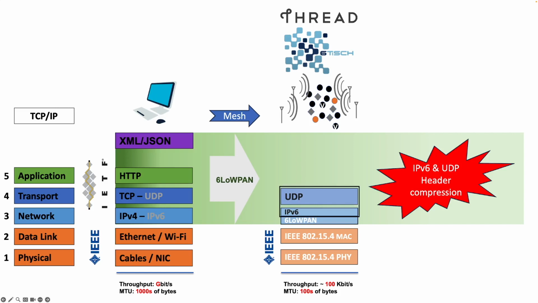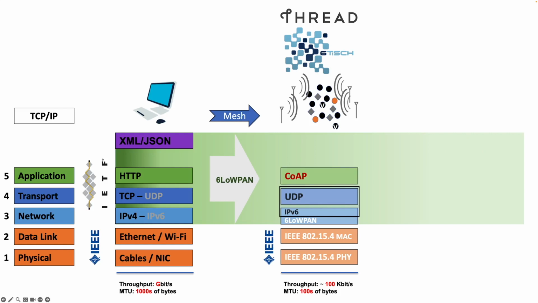However, since the IPv6 header is much larger than the one of IPv4, a new adaptation layer, 6LoWPAN, was defined to compress the IPv6 header and, if necessary, to fragment the packet into multiple frames of 127 bytes. Furthermore, 6LoWPAN compresses the 8-byte UDP header as well. You can find the dedicated videos on 6LoWPAN technology on our channel.